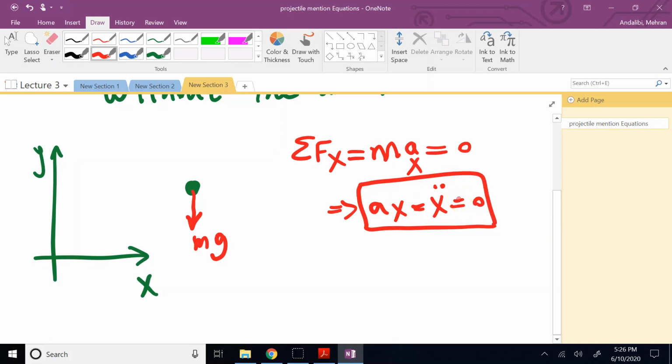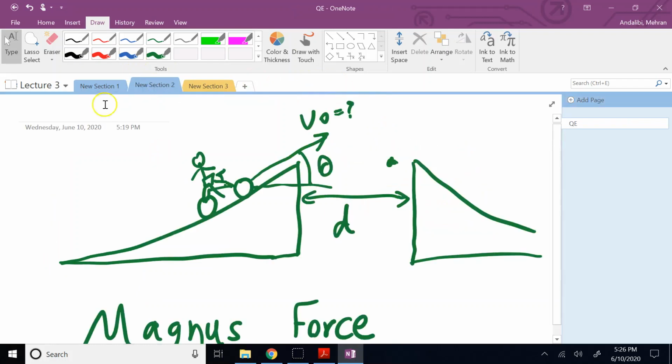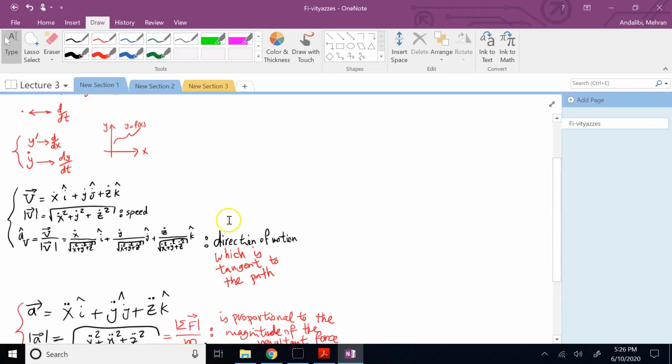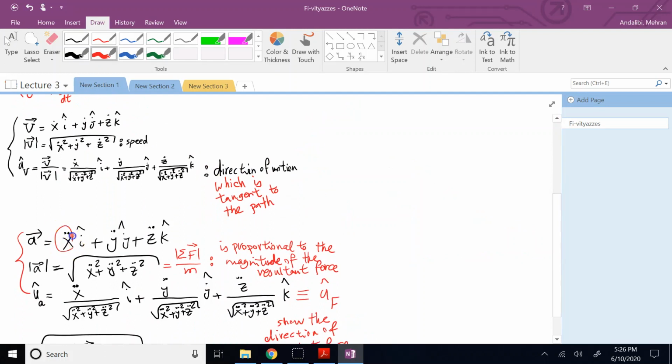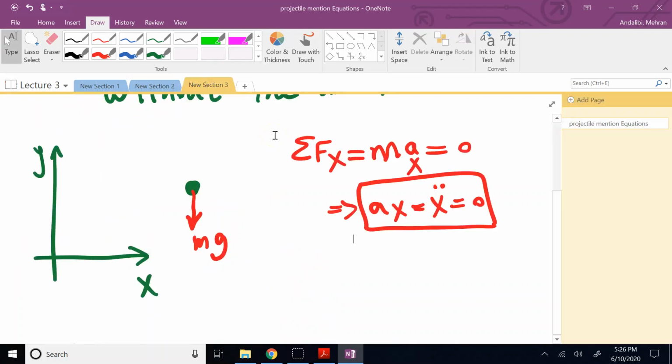Ax is the x component of acceleration, and we know from our previous notations that the x component of acceleration is called x double dot. The y component is y double dot, the z component az. The same here, this one is vx, this one is vy, and this one is vz. So there is no x acceleration.